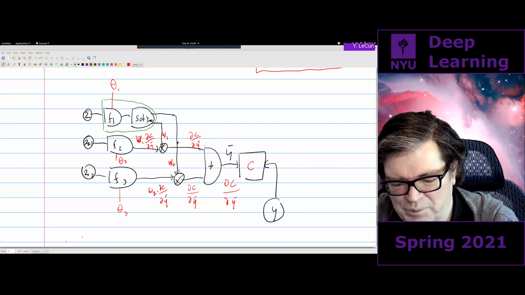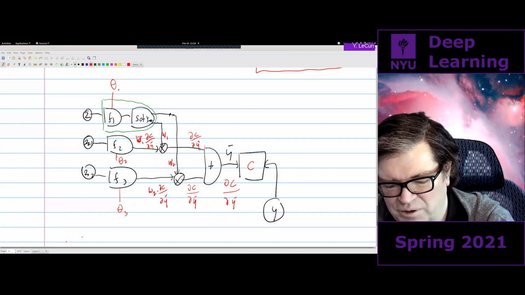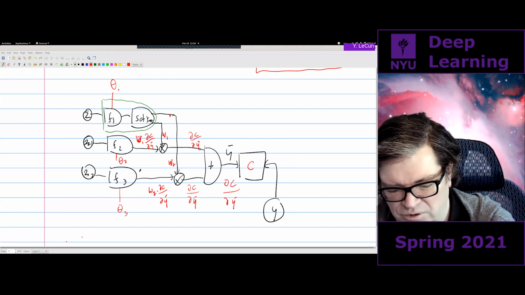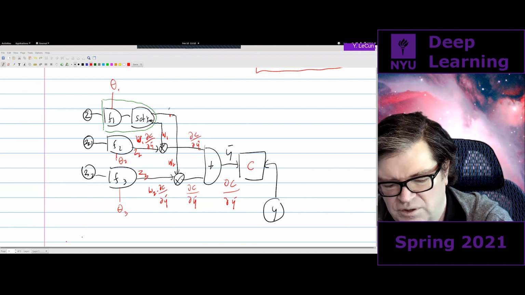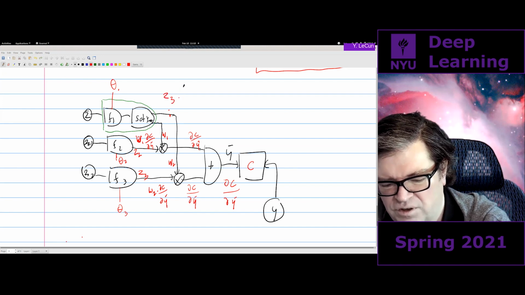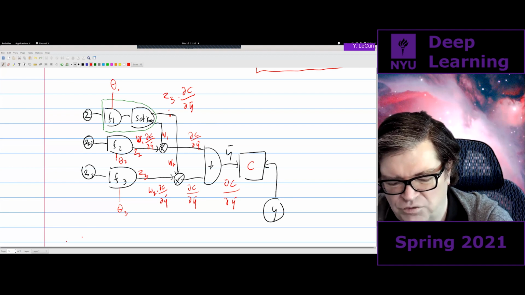Now, to backpropagate through this branch, it's the same thing. Let me call this Z3, Z2. The gradient I'm going to have here is going to be equal to Z3 times dc over dy bar, because I have a product of two variables.